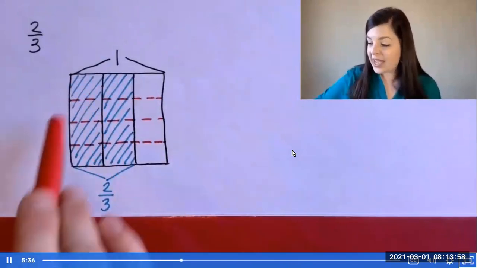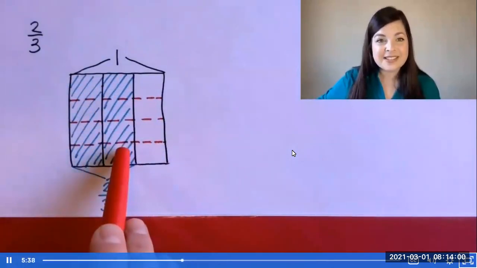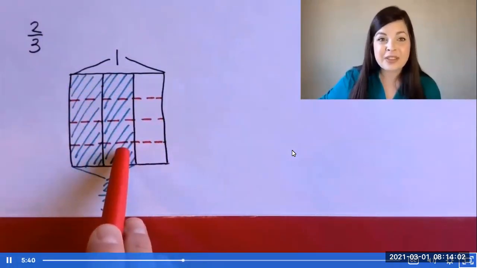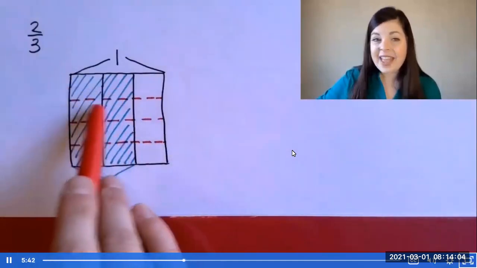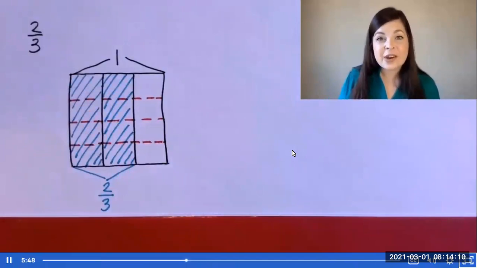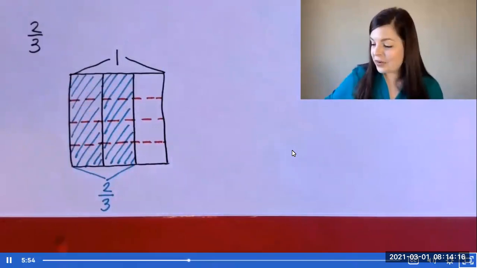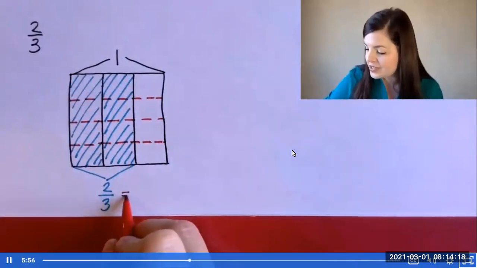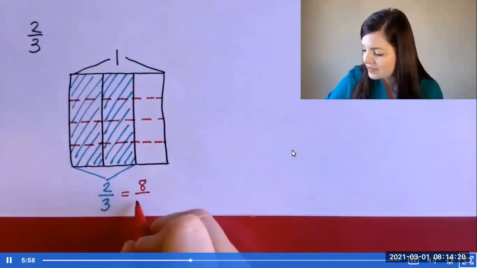In the beginning, we had 2 selected units. But when we decomposed the thirds, now we have 8 smaller selected units. So what 2 fractions is our area model showing are equivalent? Our model is showing that 2/3 equals 8/12.